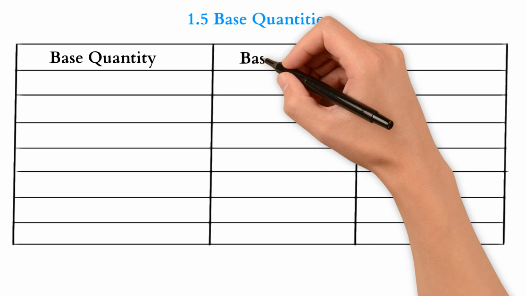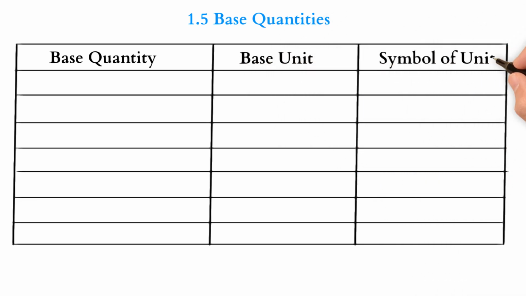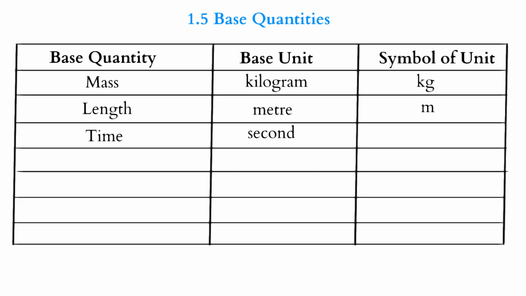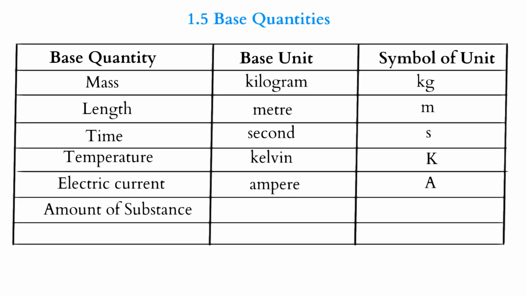And students in high school are expected to master these 7 base quantities. Knowing them is the easiest way to distinguish between the base quantities or units from the derived quantities or units. This is because there are only 7 in number, as compared to derived quantities, which are many.